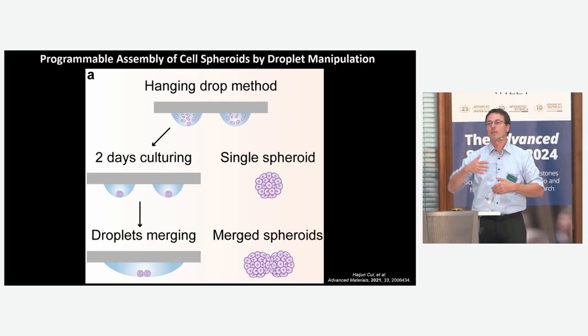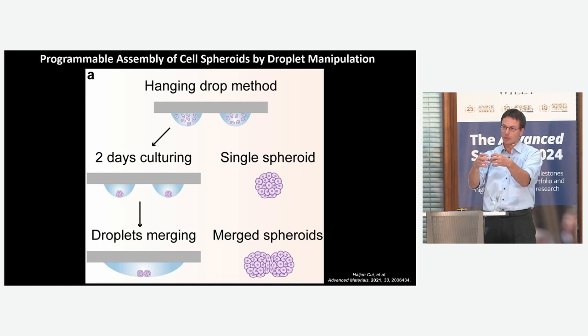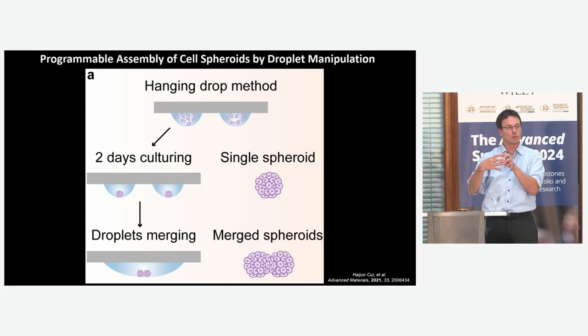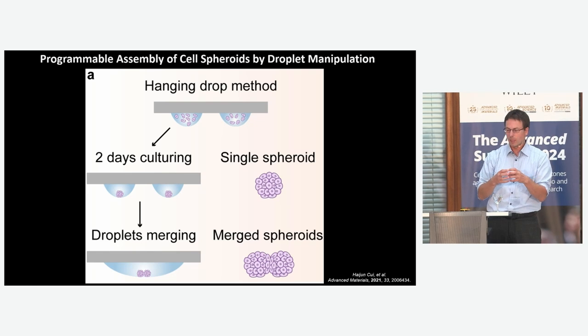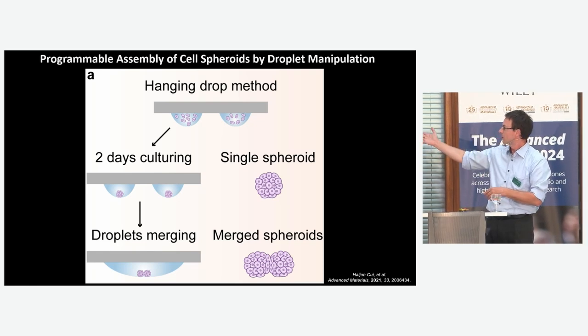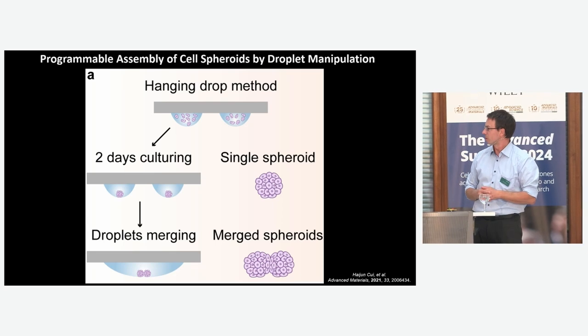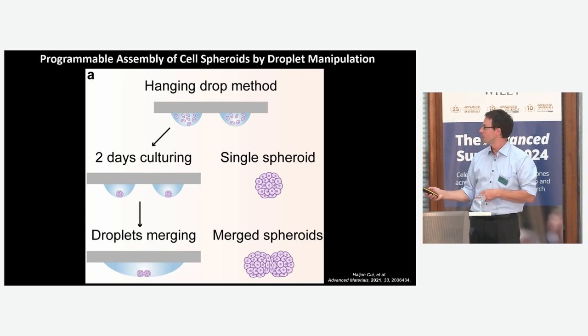And then if we continue to culture these two spheroids in this compartment, they start to fuse, they start to interact with each other, and this leads to the formation of such giant cell spheroids, three-dimensional architectures.